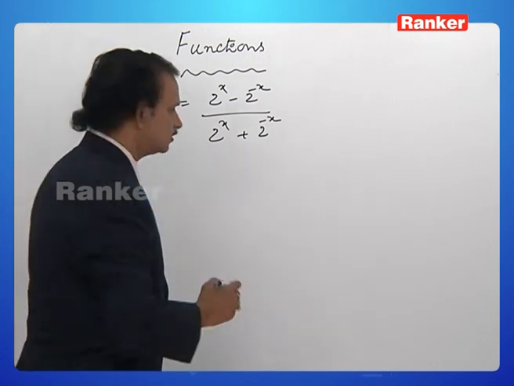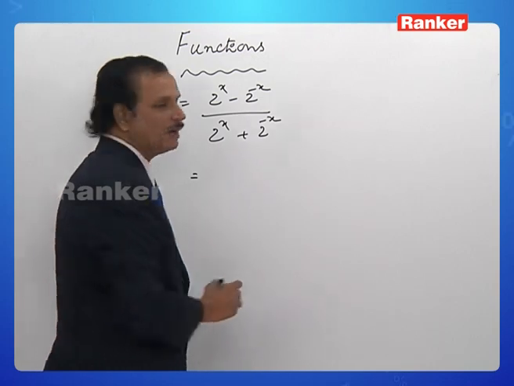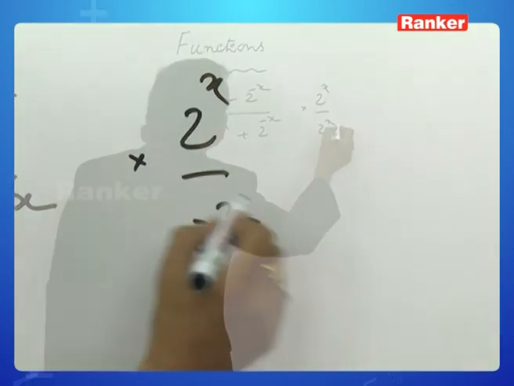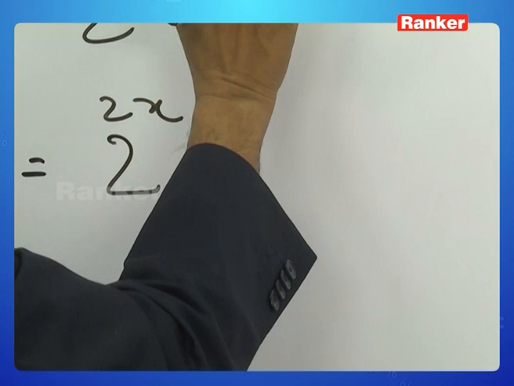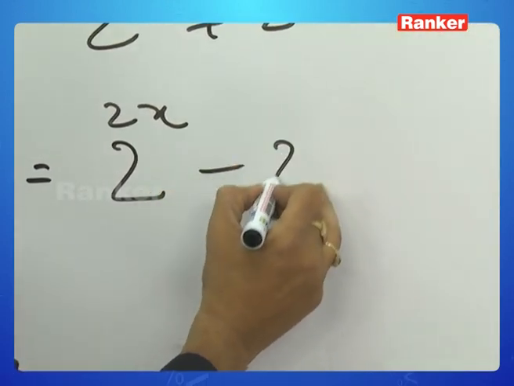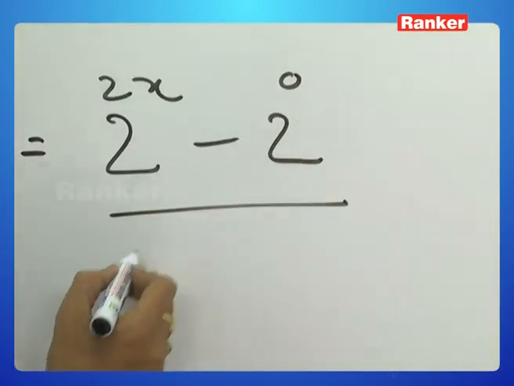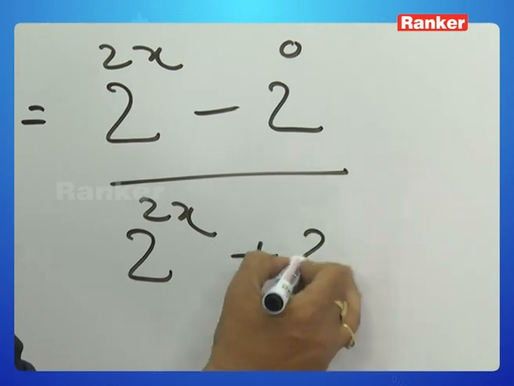Let me see what happens. 2 power x into 2 power x is 2 power 2x. 2 power minus x into 2 power x is 2 power 0, by 2 power 2x plus 2 power 0.